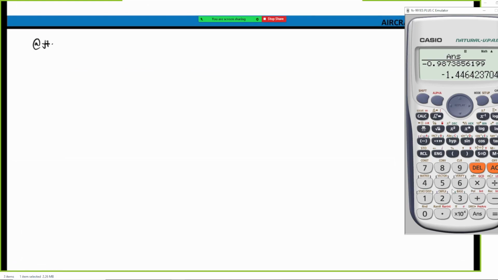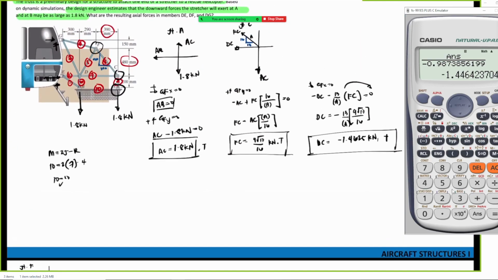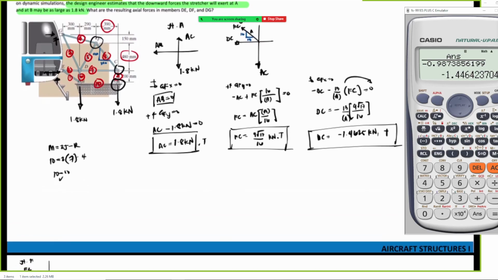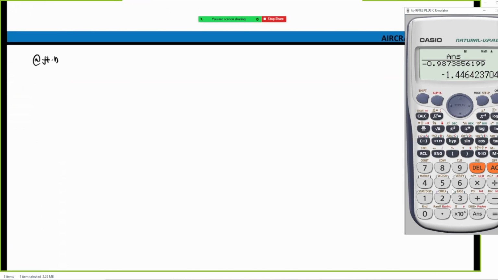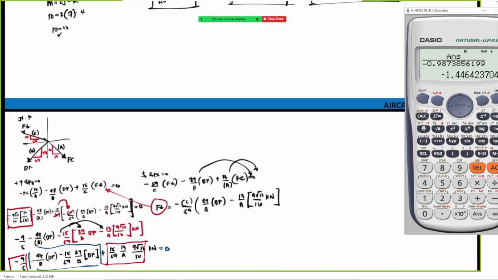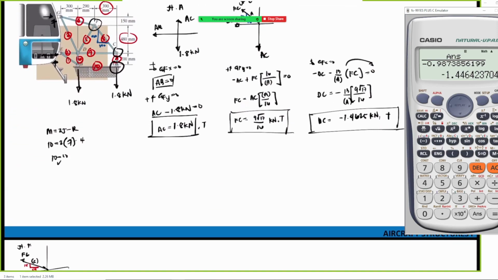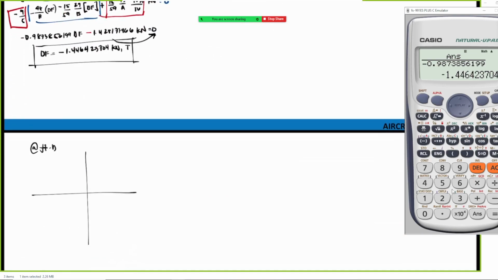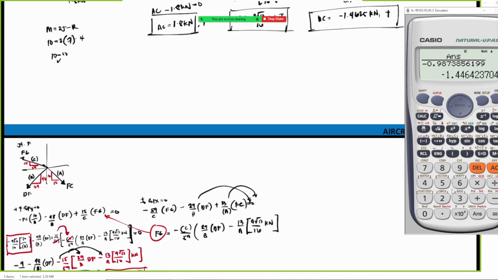At joint D, okay, we have 1, 2, 3, 4, 5. Okay, that is 5. And then we have DC na tension, okay? And then we have DF na tension.